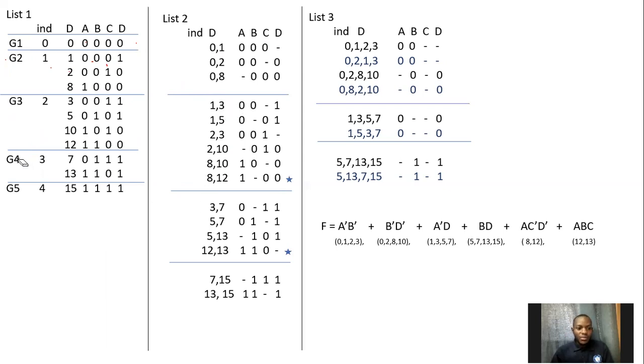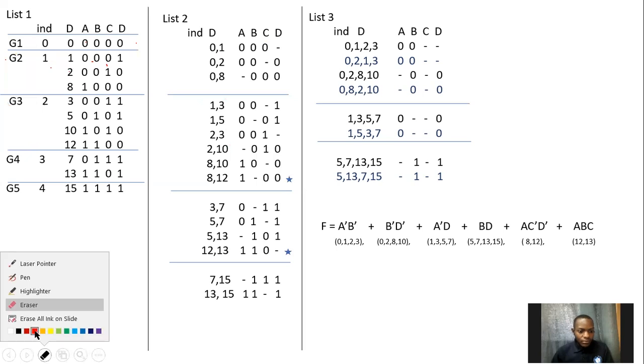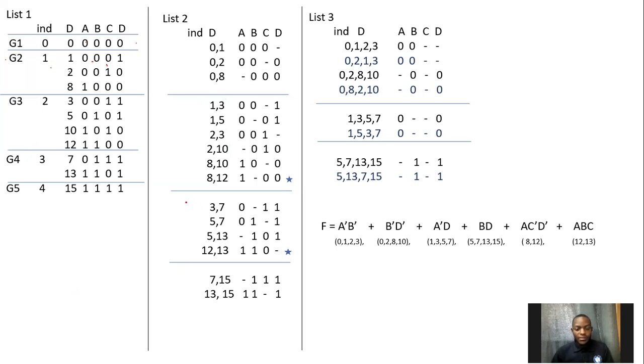You also have to combine 3 and 4. You have this group also here. You also have to combine 4 and 5. You have this set of groups here. So we continue, and we also have many combinations.